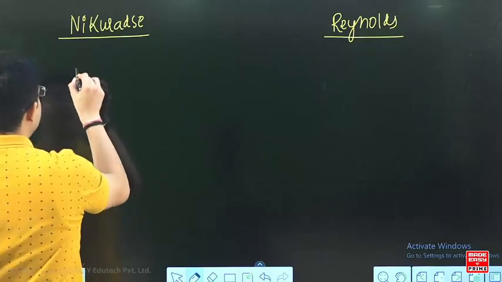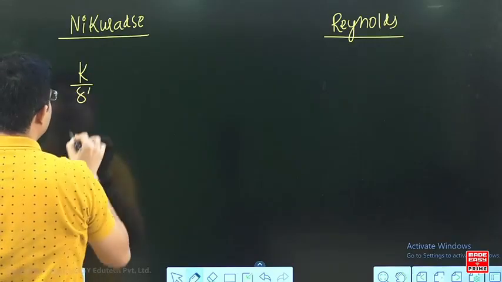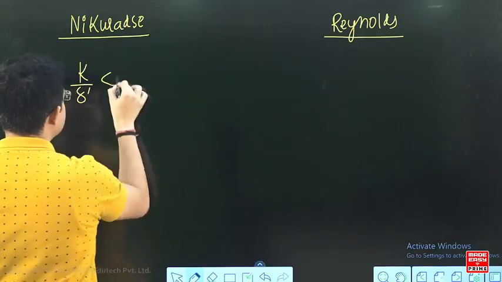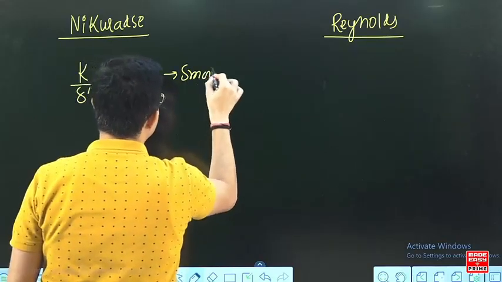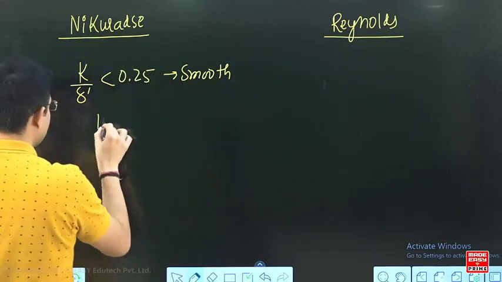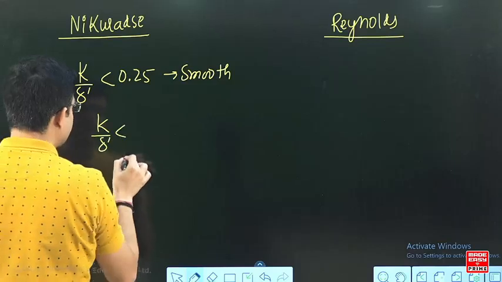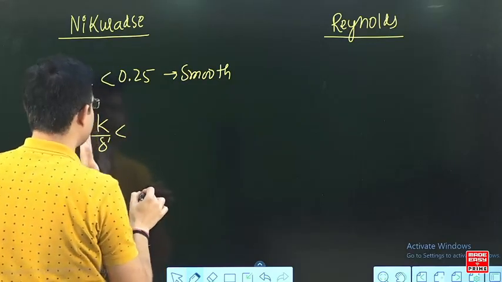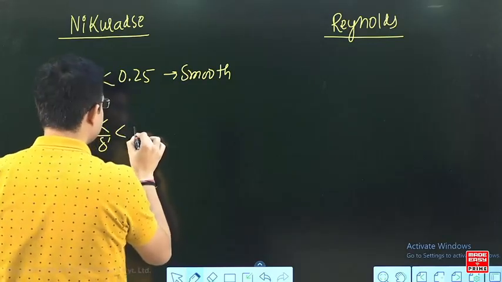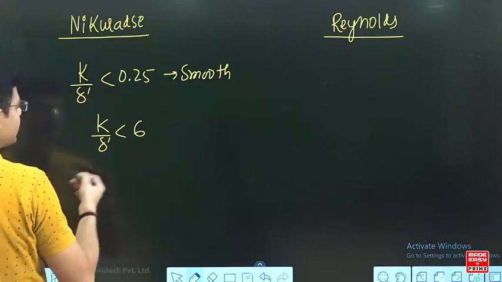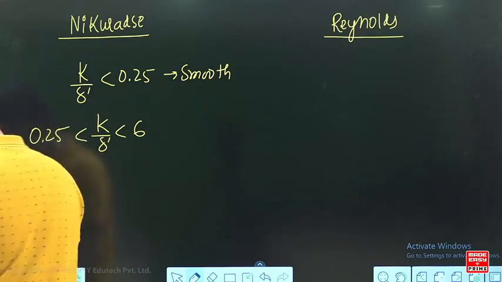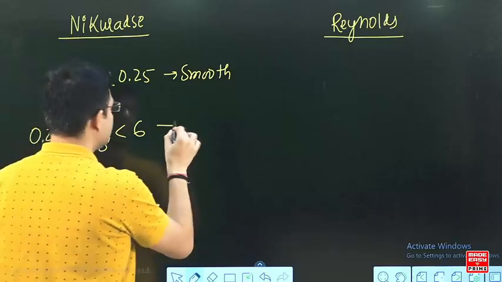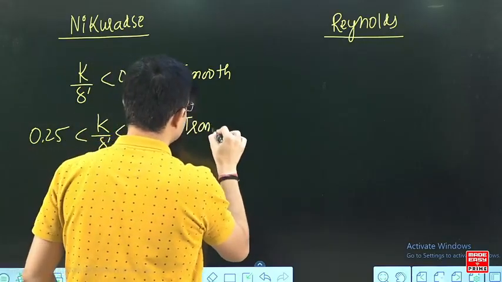Very good. So Nikuradze gave that if the value of K by delta dash is less than 0.25, the pipe is treated as a smooth pipe. Between 0.25 and 6, this is transition.